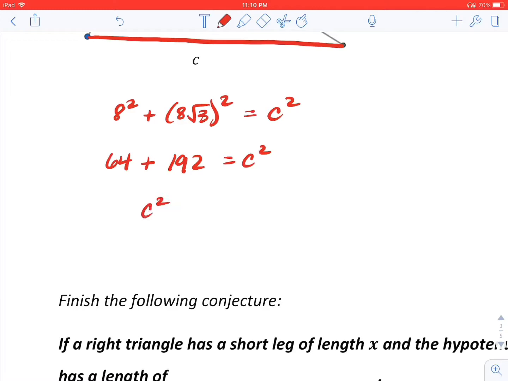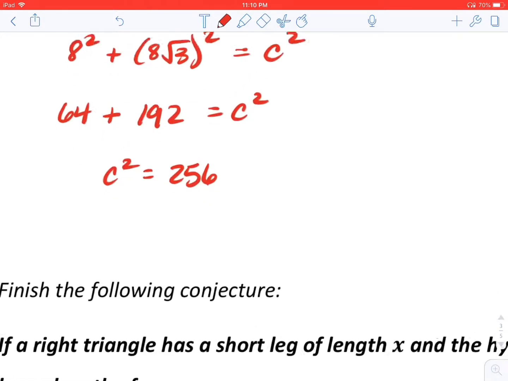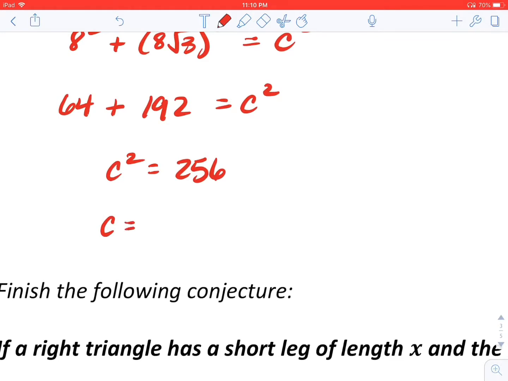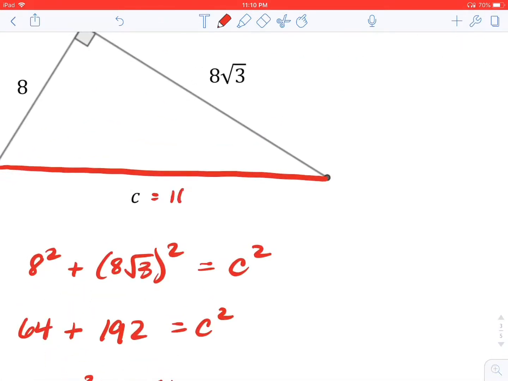So c squared is equal to 192 plus 64, which is 256. The square root of 256 is 16. So the hypotenuse has a length of 16.